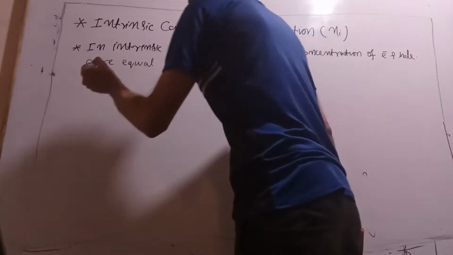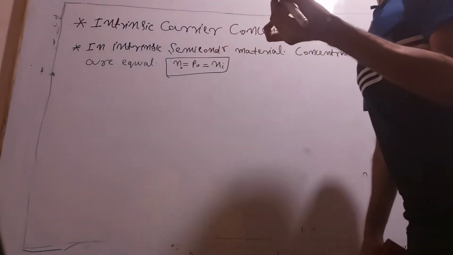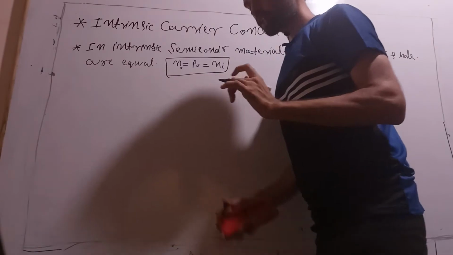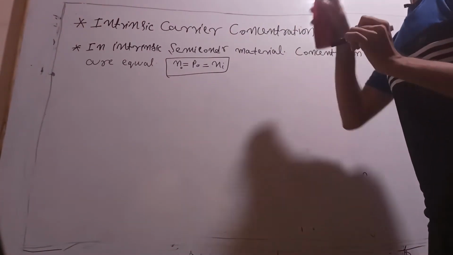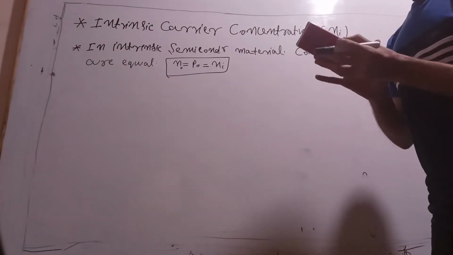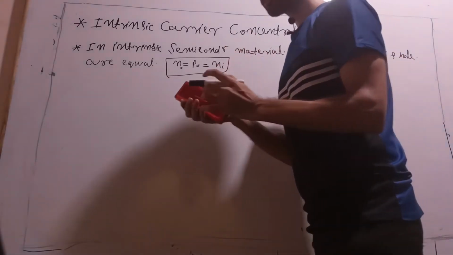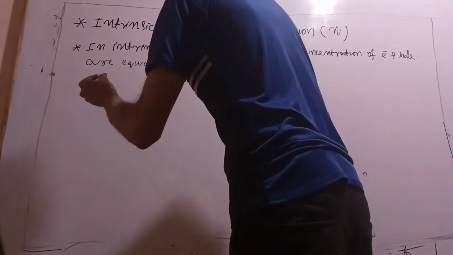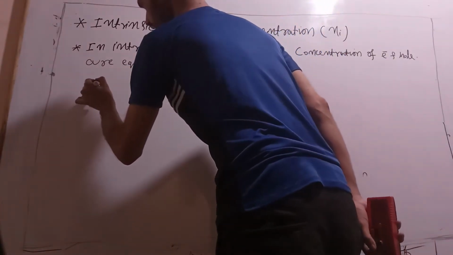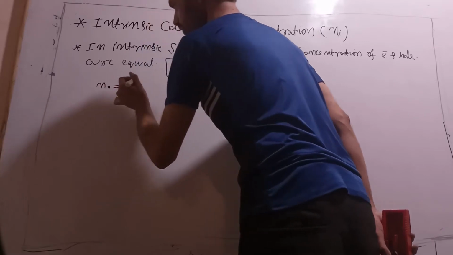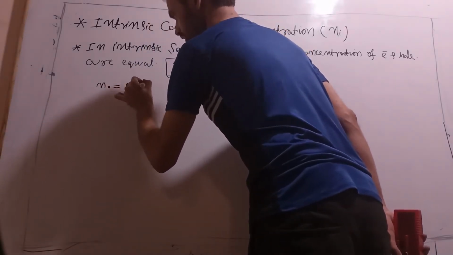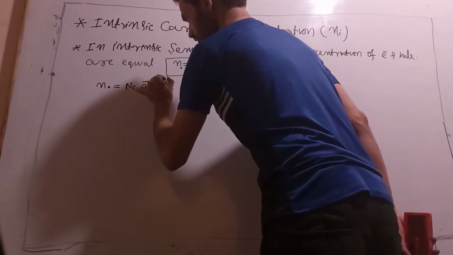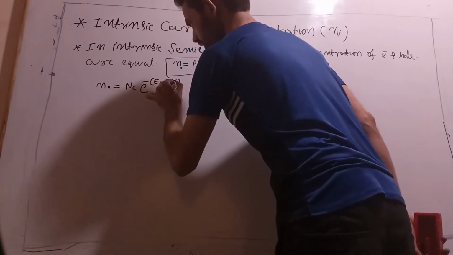In the last class, we saw the equation for thermal equilibrium concentration of electron and hole in semiconductor material, and we derived the equation for electron and hole. n naught is equal to Nc into e to the power minus (Ec minus Ef) by kT.